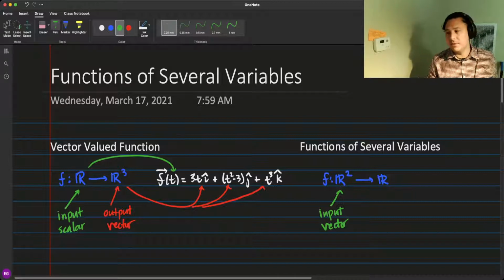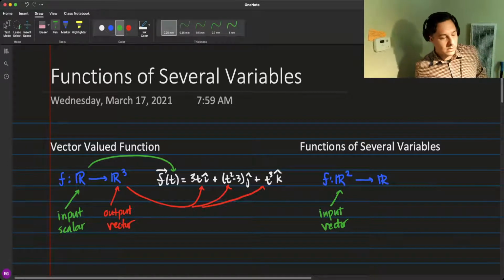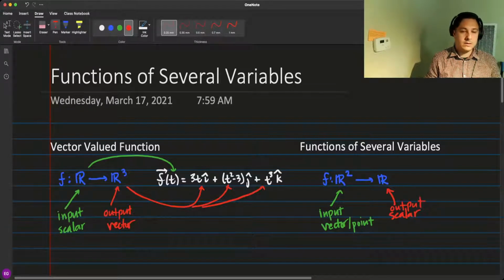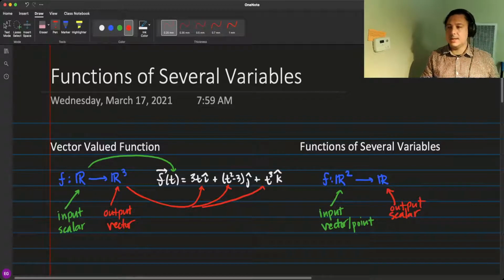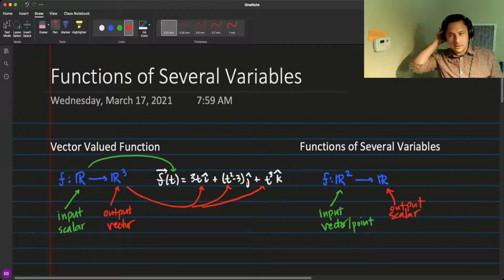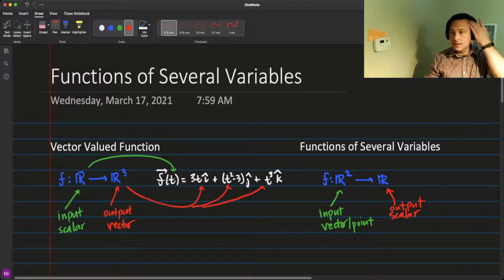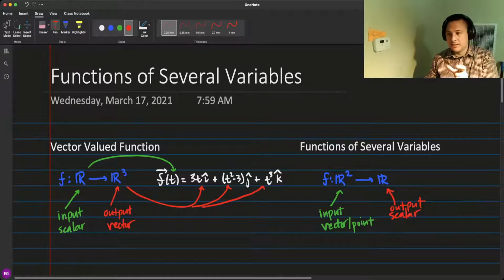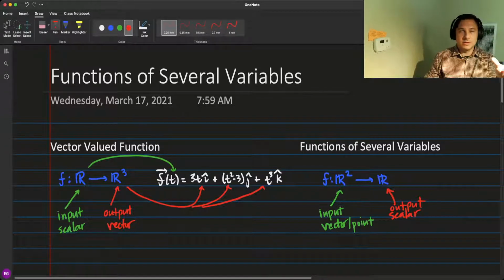You can think of it as inputting a vector or inputting an ordered pair, a vector slash point in the plane. And then you're outputting a scalar. Okay, so does this make sense that they're like two sides of the same coin? That one of these has a scalar input, vector output, and the other has a vector input, scalar output.